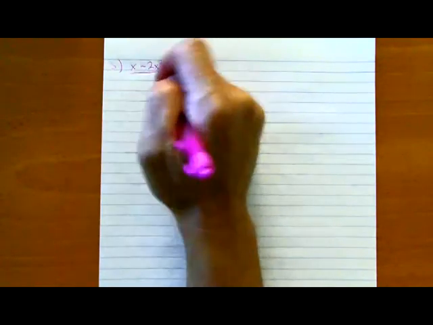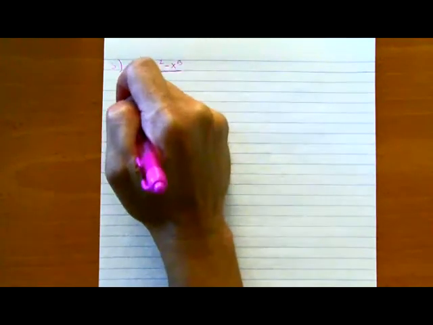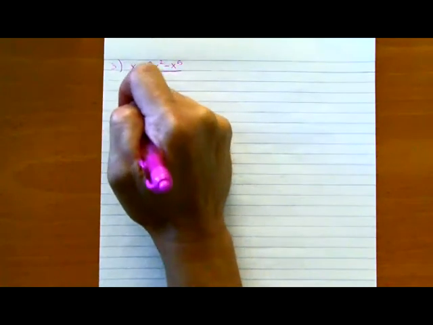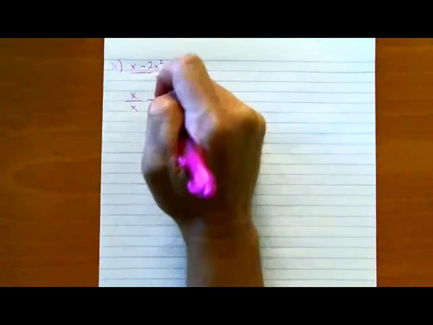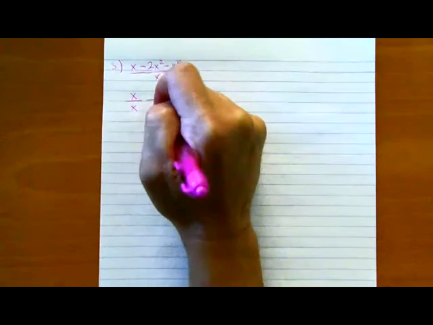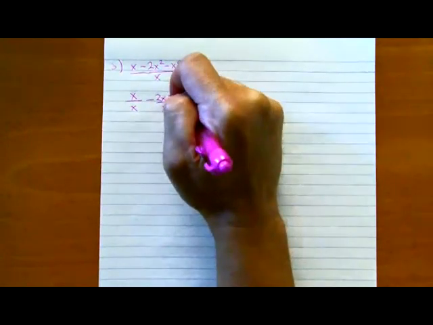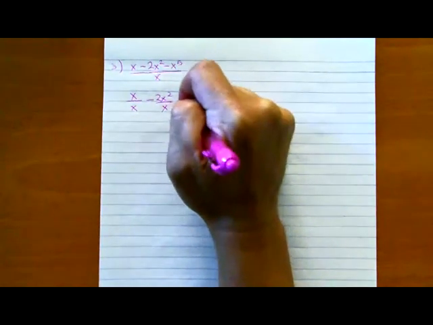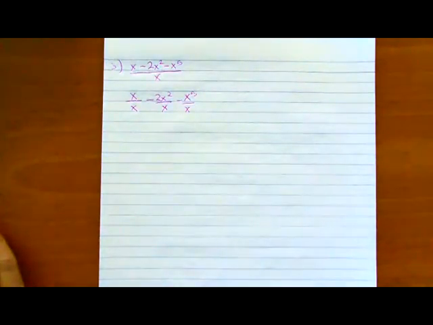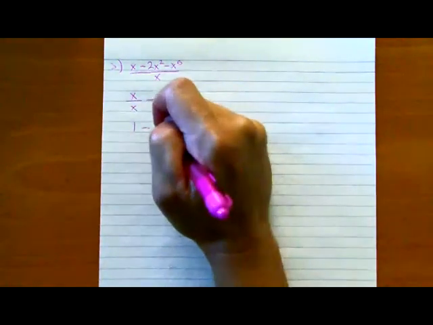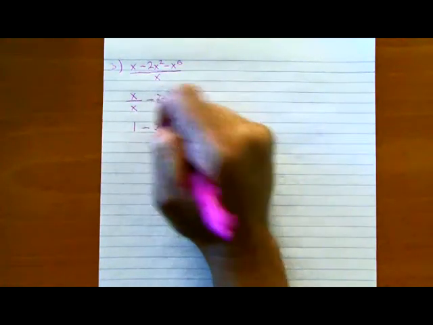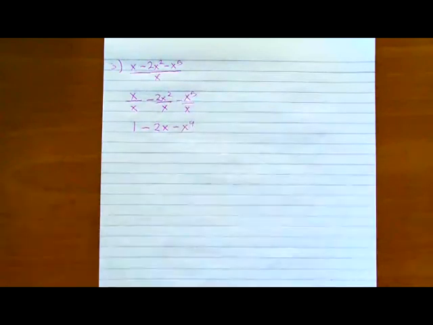Each of the terms has to be divided by x. So the first term is divided by x. The second term is also divided by x. And then the third term divided by x. Now we just simplify each fraction. 1 minus 2x minus x to the fourth.